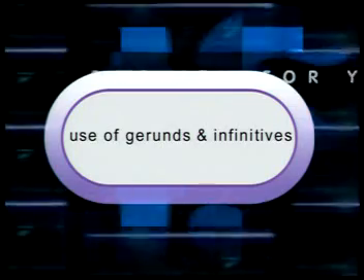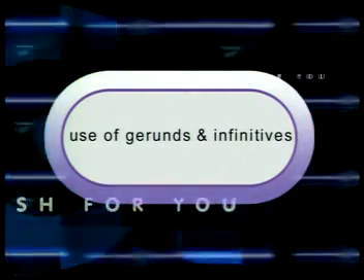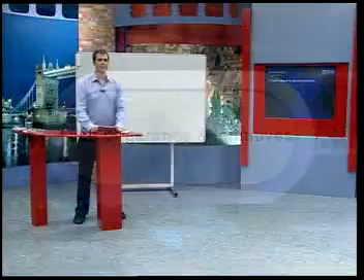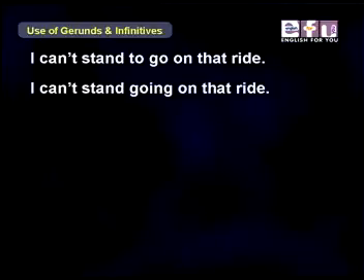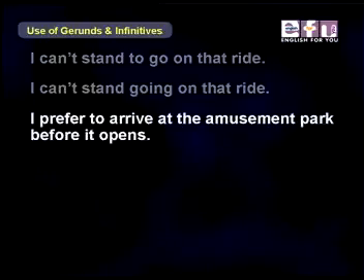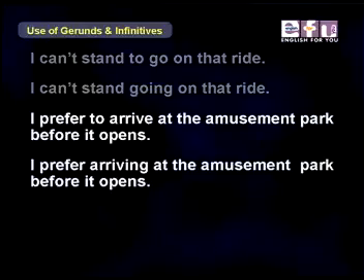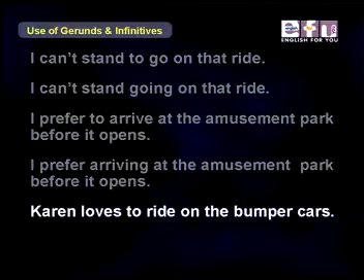Use of gerunds and infinitives. Now let's learn when we can use the gerund or the infinitive. Have a look at these sentences. I can't stand to go on that ride. I can't stand going on that ride. I prefer to arrive at the amusement park before it opens. I prefer arriving at the amusement park before it opens.